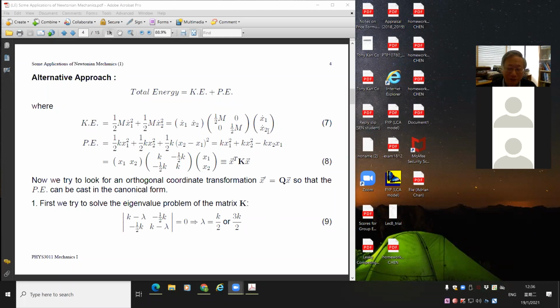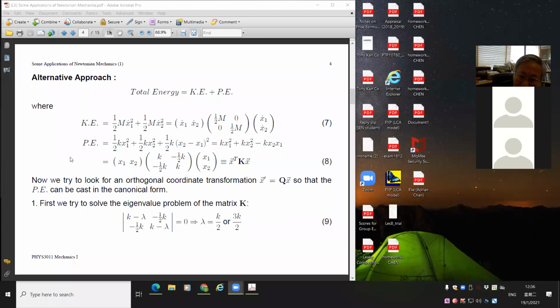Okay, they are equivalent in that sense. So we have a 2-dimensional vector here, a 2-dimensional vector here, and we have a 2x2 mass matrix. I call it mass matrix. So we rewrite the kinetic energy in terms of matrices and vectors in this way.